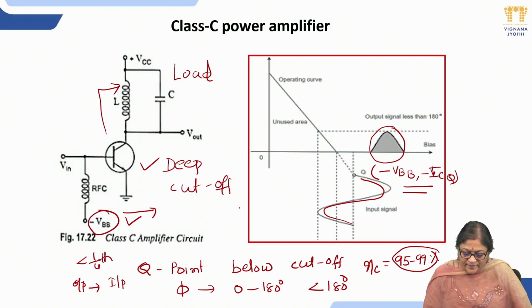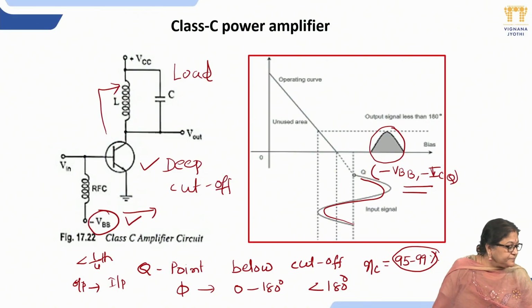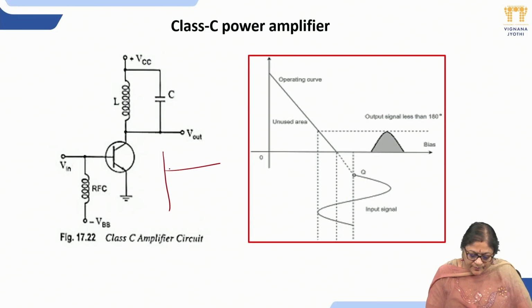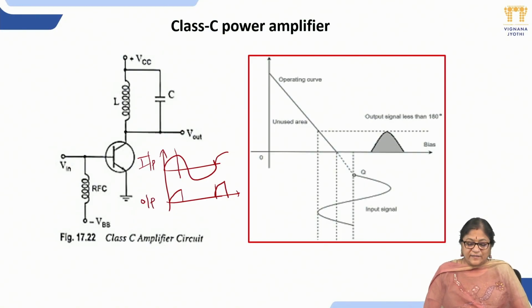If I draw the input and output here, suppose you provide an input like this, the output will be only some half portion. This is the input signal, and the output appears only this much, and everything else is 0. Again in the next half cycle, it has a very small portion. This is the output. So we cannot get the input as it is at the output.